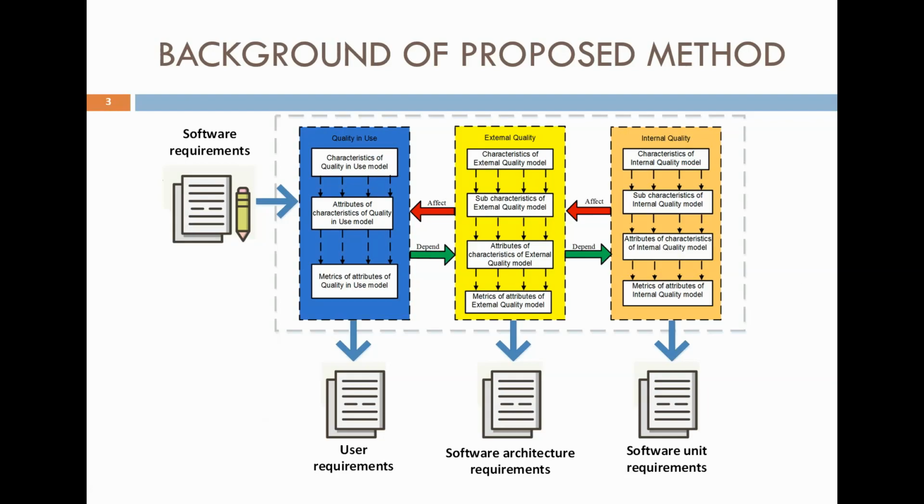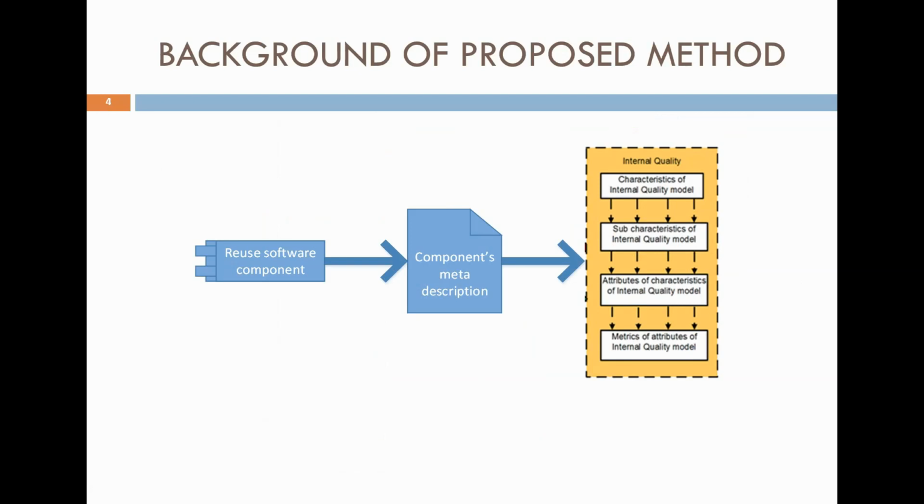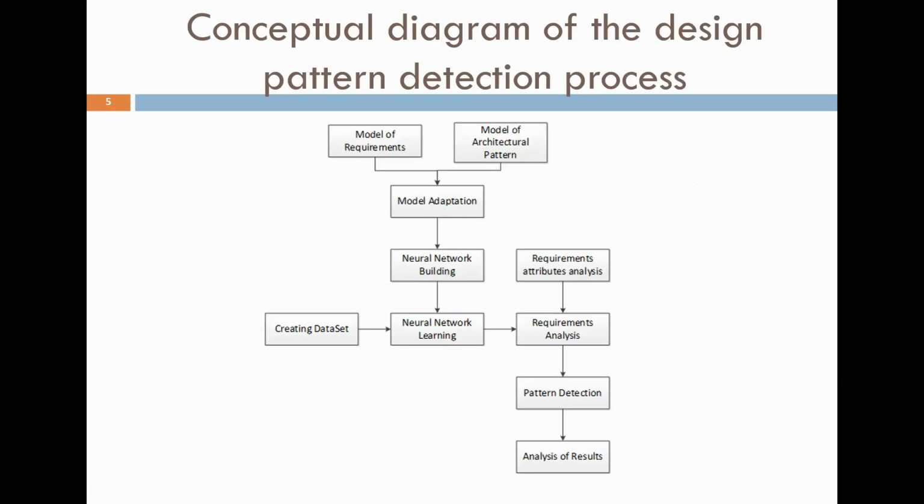On the other hand, each reuse component has a meta description, and we can define its attributes in the form of a model of internal quality using expert analysis. The conceptual diagram of the design pattern detection process is shown on the slide.